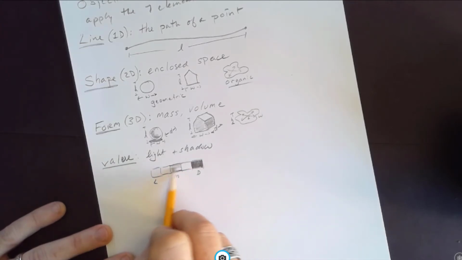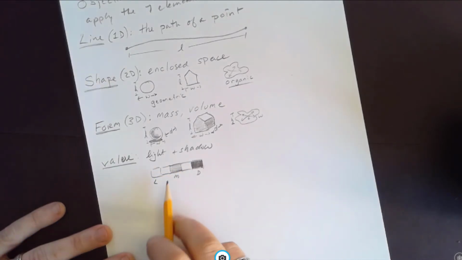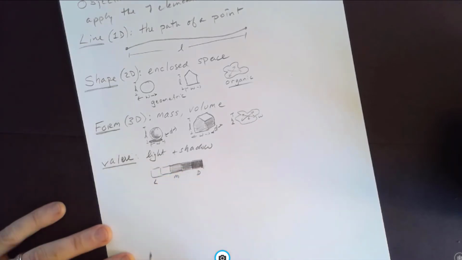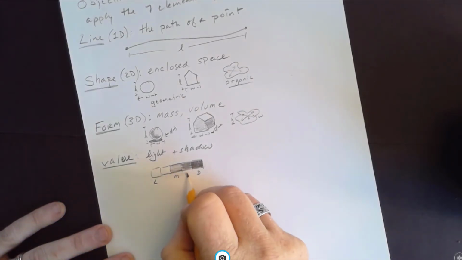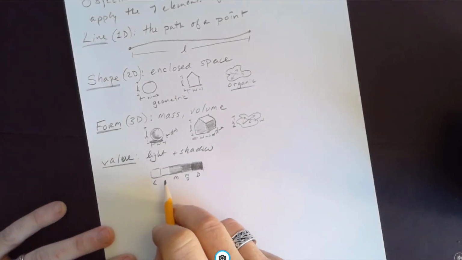And so for my medium, I'm going to lift up some of that pressure to make it a little bit lighter. In this box, we're going to make this a little bit darker than the medium, but not quite as dark as our darkest value. So we've got a medium dark that I'm going to label MD.